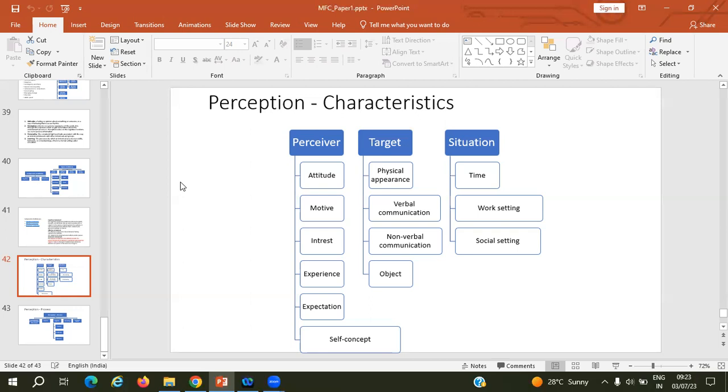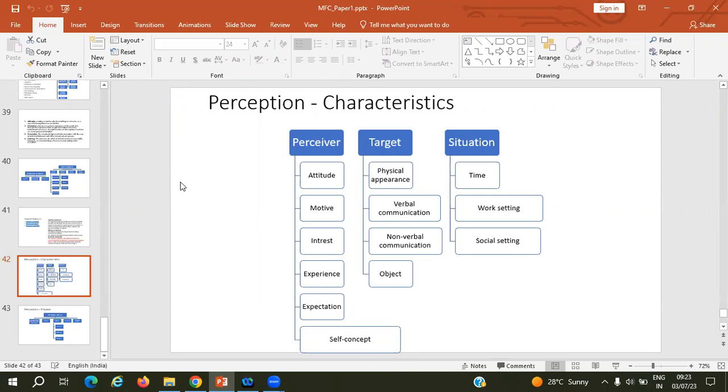So after seeing all these things, you are drawing a perception that this car, this bike has a good popularity in the market. So that means I bought it. Some people have a perception in your mind, I don't know what you are thinking, good or bad. That is not reflecting your attitude. That is a perception.